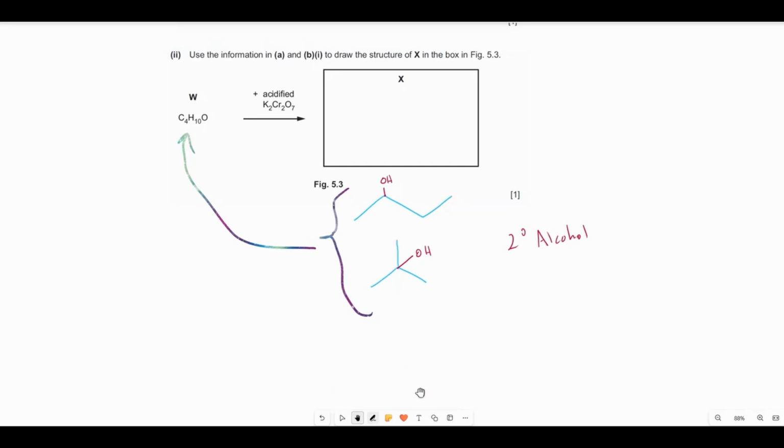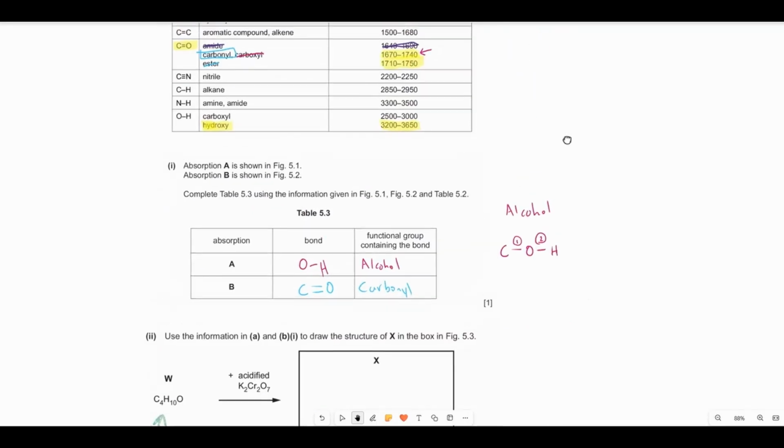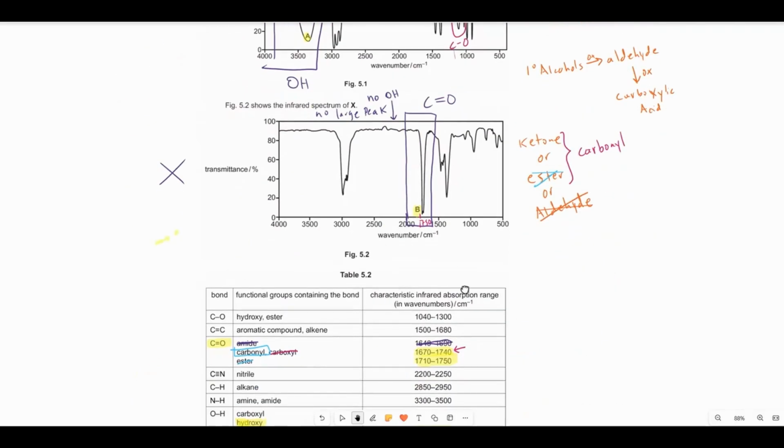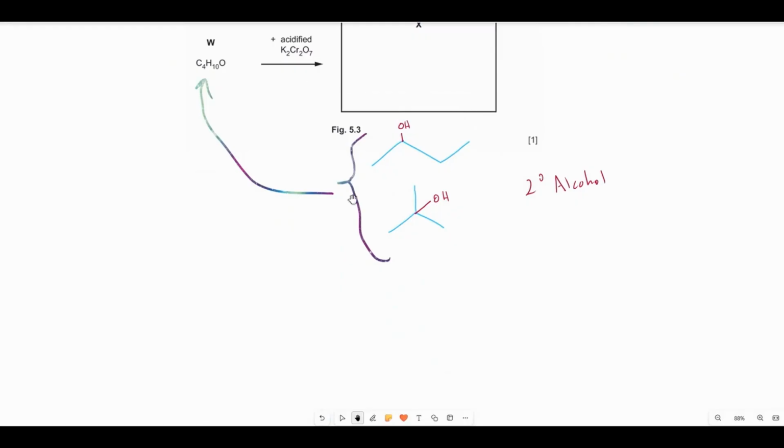Again, the answer lies in the reaction. The reaction says that we undergo a reaction with dichromate, which is an oxidation reaction, and there's no further reaction. If we look at these 2 alcohols, one of them is not secondary, and that's my fault for mislabeling it. Remember, secondary alcohols like this one can oxidize.